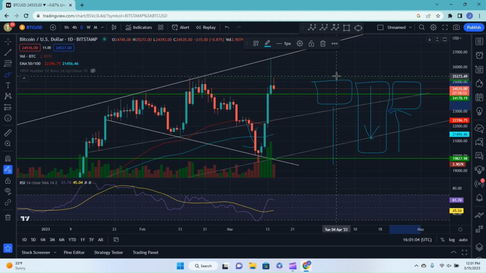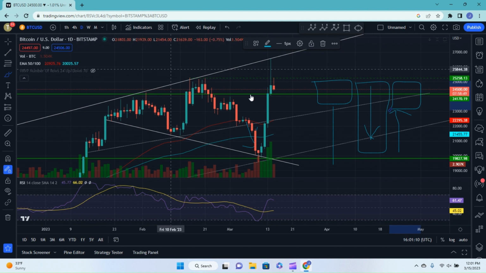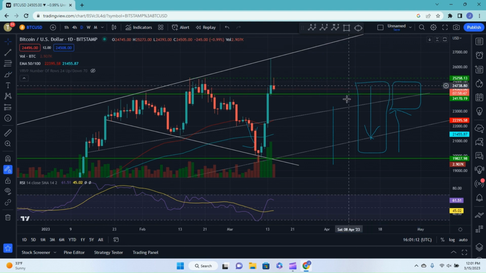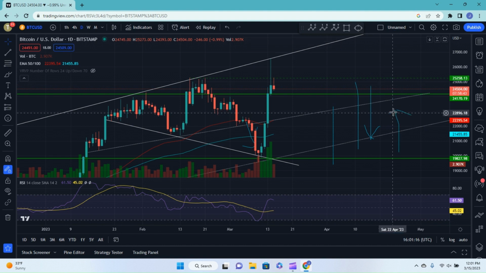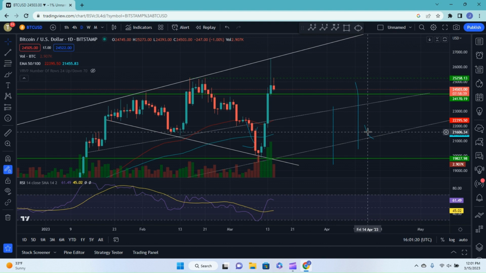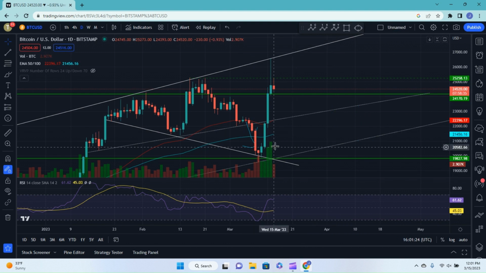So this candle formation right here is called a hammer candle. One second here. Let me get rid of this stuff. Sorry. So that's our hammer candle.